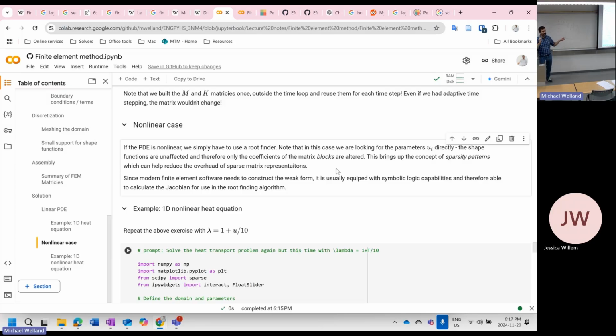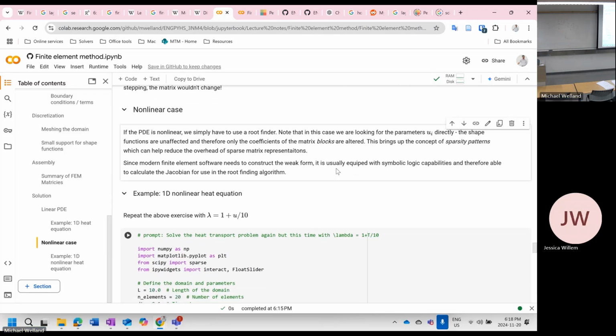So even though the elements in the matrix are going to change from one iteration to another, the magnitudes are going to be changing, but the sparsity pattern won't be. So tools like PETSc, the linear solver, will give you the option to say whether or not your sparsity pattern is changing. And if it's not, then it has a more optimized way of constructing what these compressed storage algorithms are actually doing.